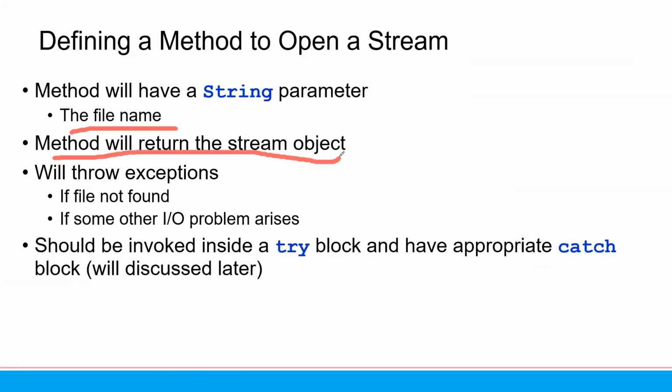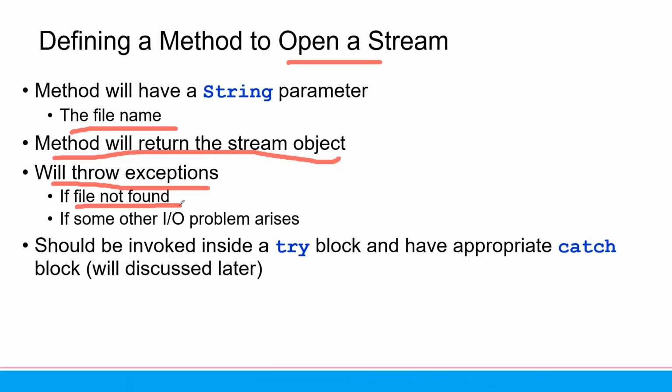But usually it has lines. If it is a text file, it will be in the form of lines. Whenever you open the stream, it will throw exceptions if your file cannot be found. So if the file is not found, then it should go to the exception.